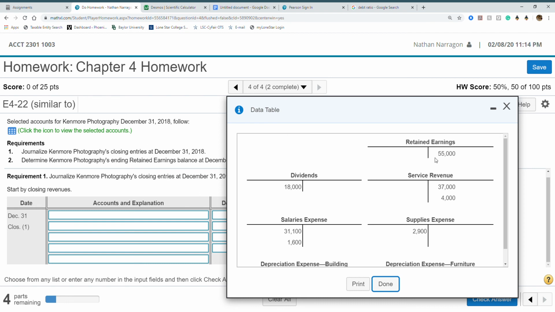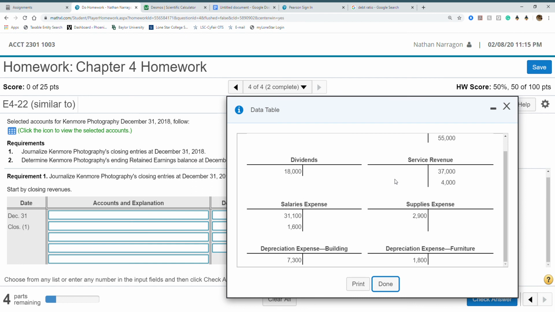Biggest thing that they want to know after you're done is what is the ending balance in retained earnings. So basically take this T account, so it starts at $55,000, and then when you close out income summary, of course add that net income or subtract the net loss, depending on which journal entry you're doing.